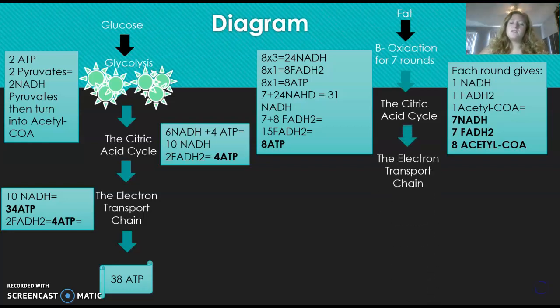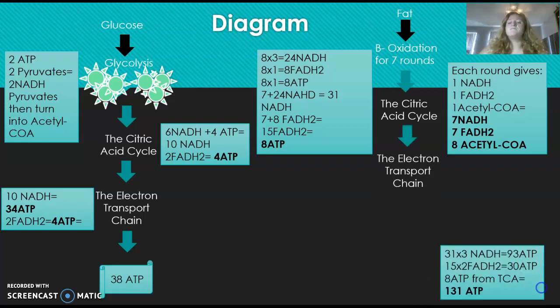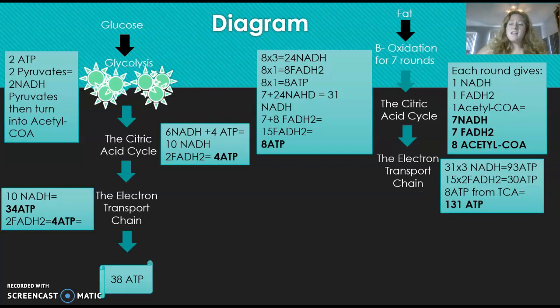After this, we go on to the electron transport chain. During this process, we get a grand total of 131 ATP from this part of the process. After that, we have to activate the fatty acids. Because of that, this cost us 2 ATP to do.